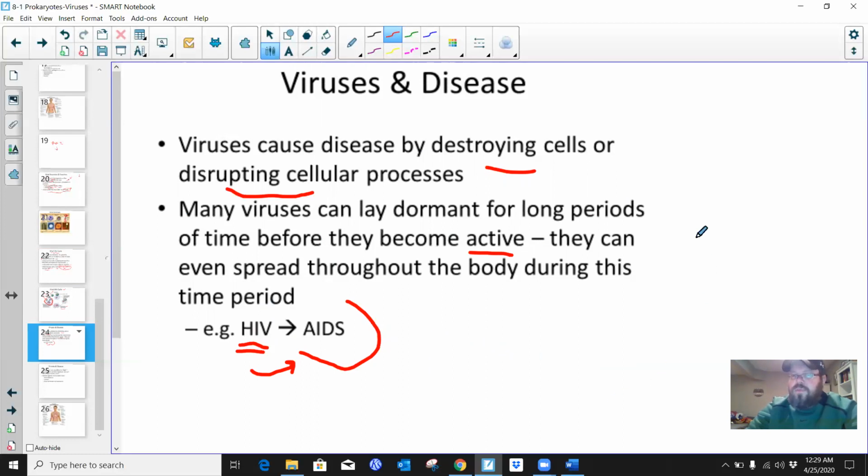And you hear about this like with the coronavirus. You hear about people that are potentially asymptomatic. And what does that mean? It means that they are infected with the virus. They've become exposed to the virus, but it is laying dormant, or they have a certain level of potential immunity that allows them to not necessarily have as much harm or any harm at all.